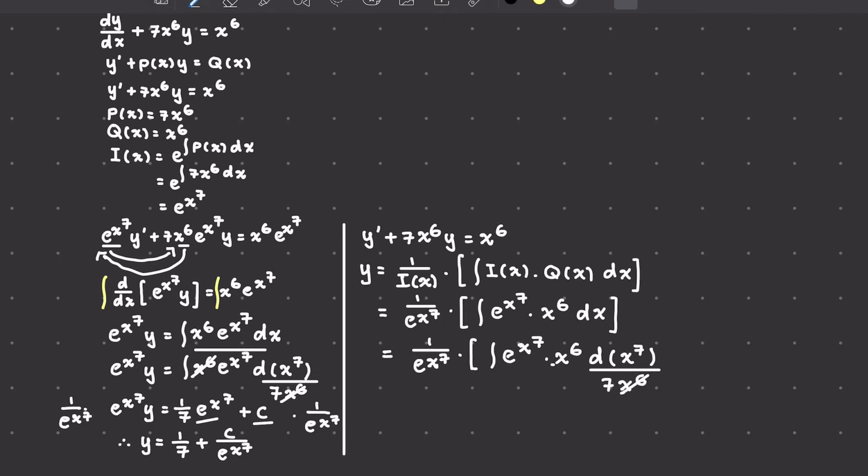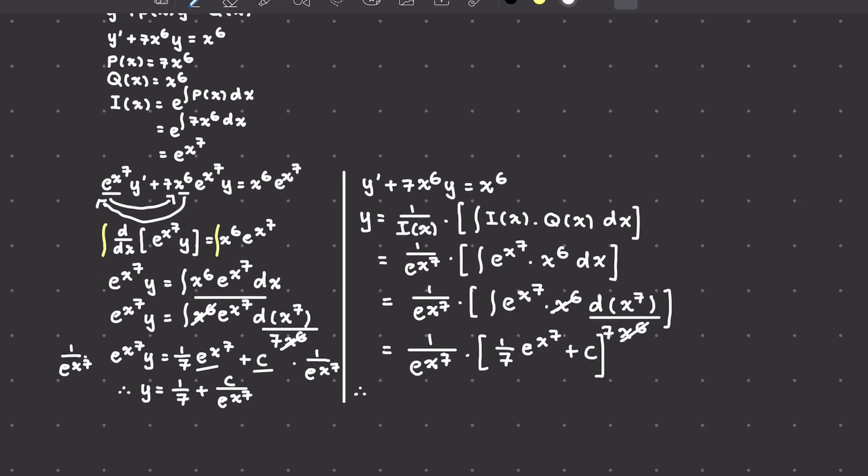We can cross out all of the x to the power of 6 here. 1 over our integrating factor again, and we multiply everything by 1 over 7 e to the x to the 7 plus C. Don't forget the constant there.